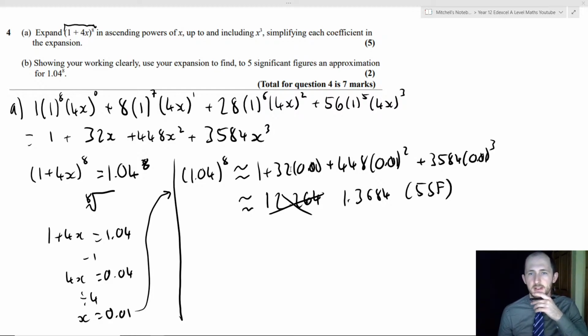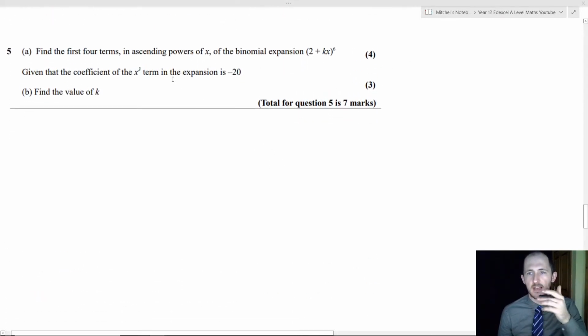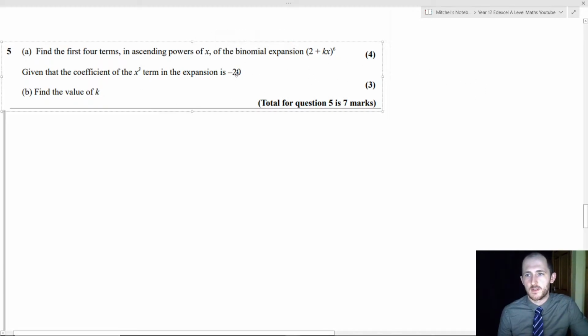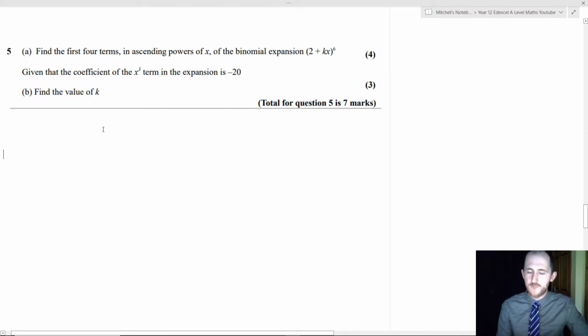Okay, that's enough lecturing. Let's go on to the next question. So again, as you can see, there are actually different styles of questions. So this is the other style of question you can get, which is where they'll basically put an unknown variable other than x, and they'll give you what the coefficient of one term is, and they'll say, okay, find the value. Very, very common.